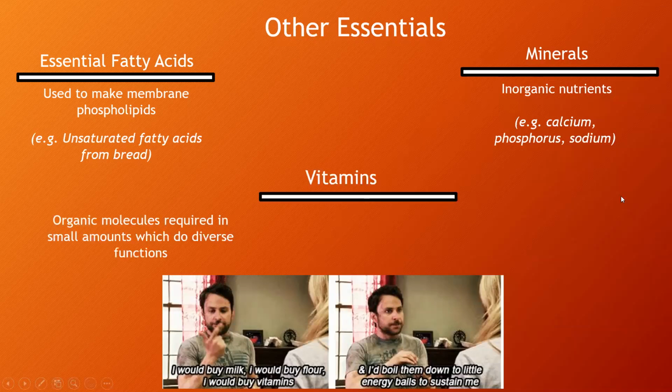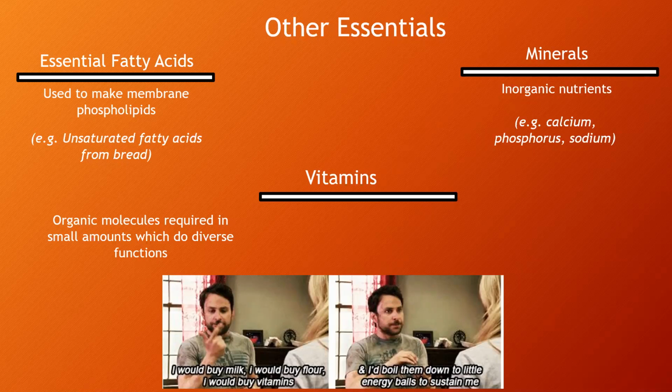And so, you have those, and then you have vitamins, which are organic molecules required in small doses. And so the difference between vitamins and minerals is that vitamins are organic molecules, but also vitamins are often changed in form. So minerals will take those nutrients and incorporate them into something else.